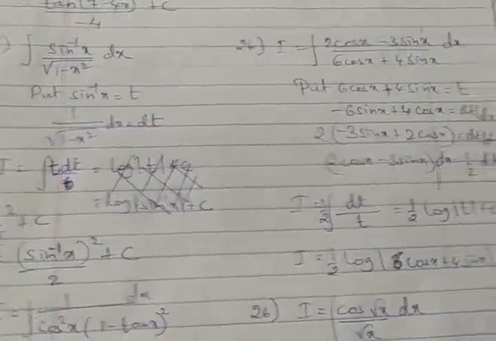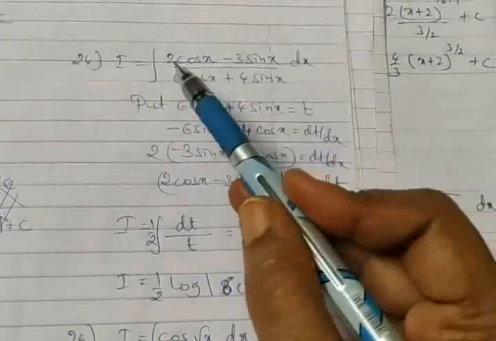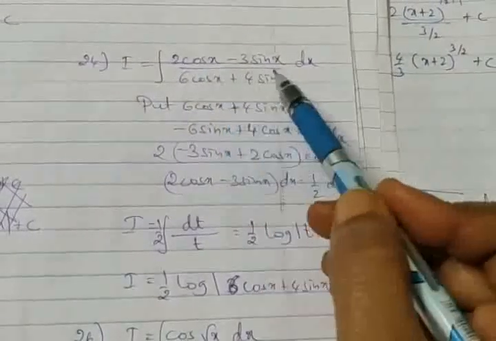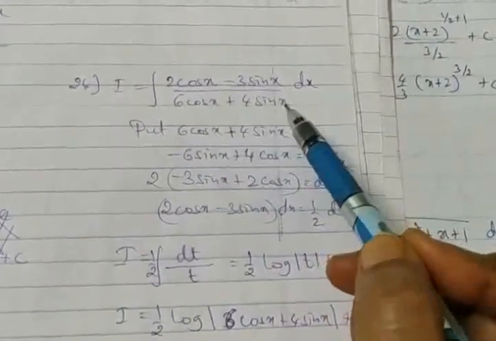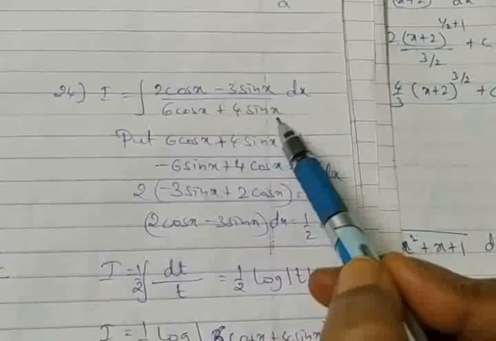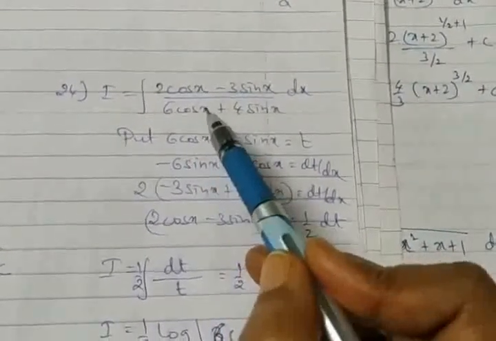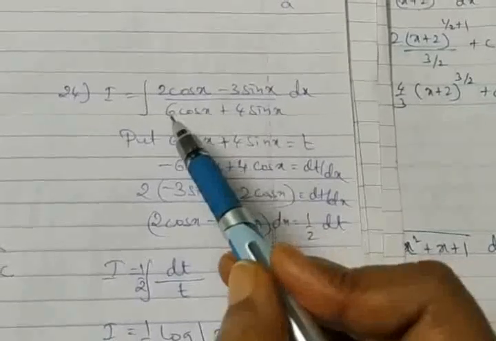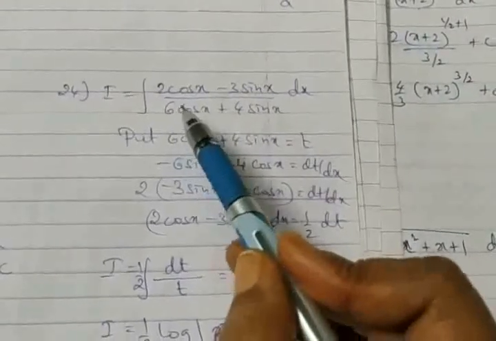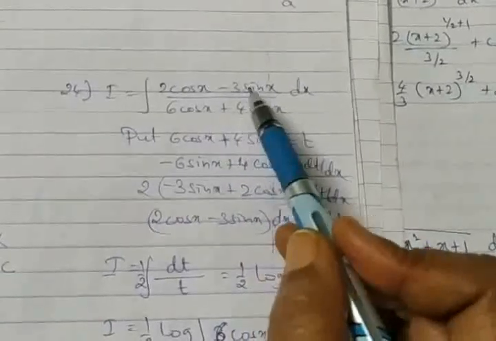24th question. Integration of 2 cos x minus 3 sin x over 6 cos x plus 4 sin x. So put the denominator, because the denominator's derivative, differentiation of 6 cos x, can you guess? 6 cos x gives minus 6 sin x.